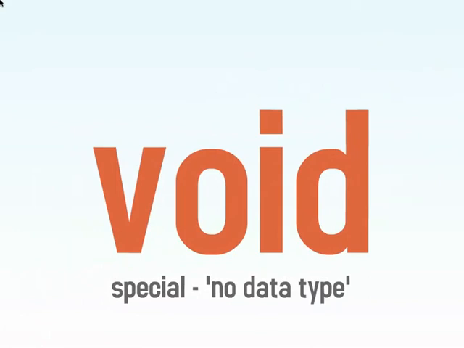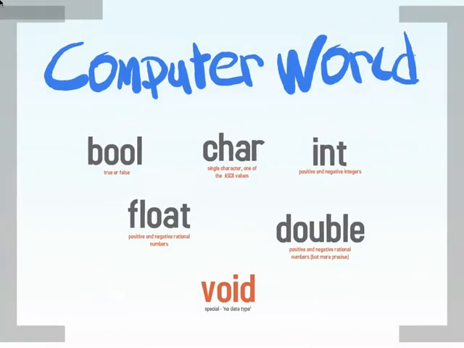I want to just point this out to you because you're going to be seeing it when we move into functions and talk about return types. But if you see void, just know that that doesn't really mean anything. Alright, so those are the types that you're going to see in C++. Those are the built-in types, and those are the ways that we're going to interact with the basic primitive data in the C++ world.